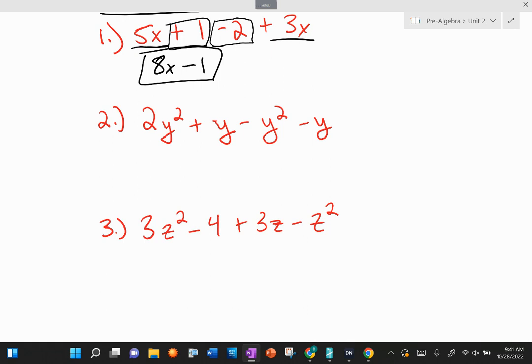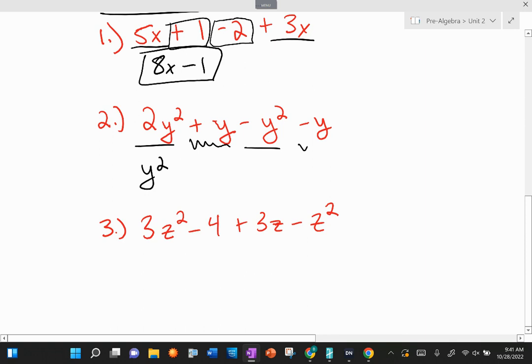Number 2. We got 2y squared. I can combine that with the negative y squared. So what is 2y squared minus y squared? It is y squared. And then I've got y minus y. What happens there?